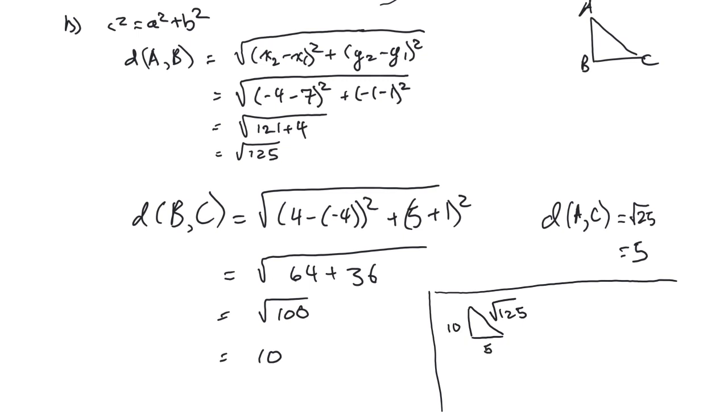We don't know if this is a right angle triangle, but we do know that C squared equals A squared plus B squared, i.e. the longest side squared has got to equal the sum of the squares of the two legs of the triangle. If this is true, then the square root of 125 squared is going to equal 5 squared plus 10 squared. Oh, look at that. 125 is equal to 125.